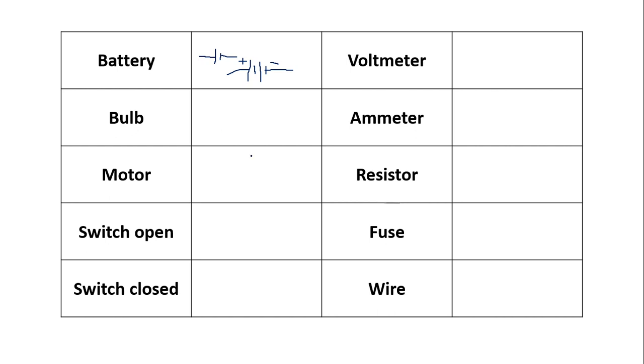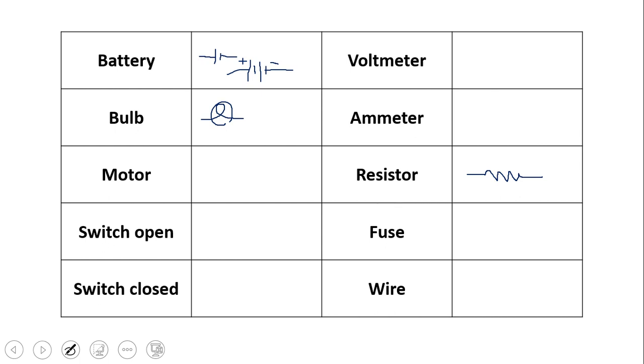Now a bulb, actually I'm going to come down here to the resistor. A resistor looks like this. Okay, so when we see that, we can kind of put like a glass bulb around that to make a light bulb, but we will see that a bulb, you just kind of make a loop like that with a circle around it.